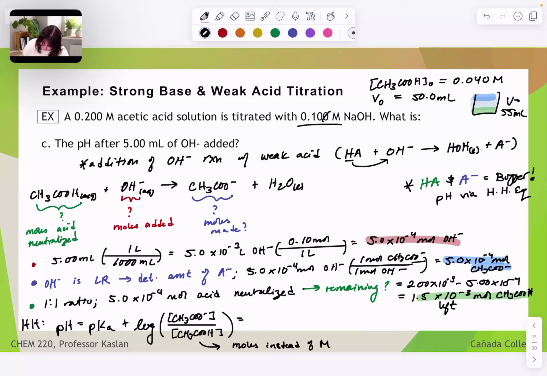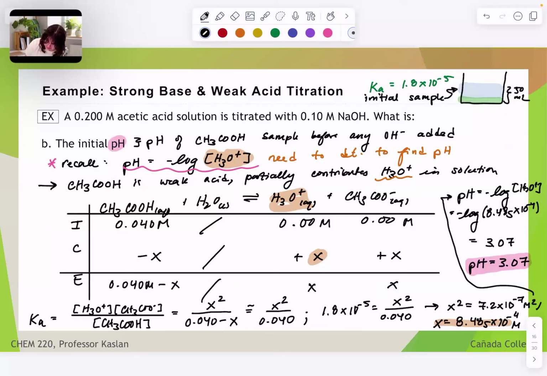Okay, this is going to require us to figure out not just the acetate amount and the acid amount left in our beaker, but also now the pKa of acetic acid. So remember, pKa is the negative log of the Ka. So this is negative log of our Ka of our acetic acid, which going back was this 1.8 times 10 to the negative 5 number here.